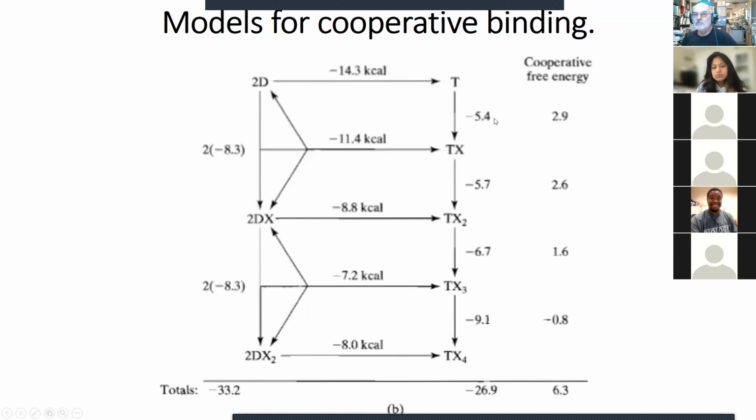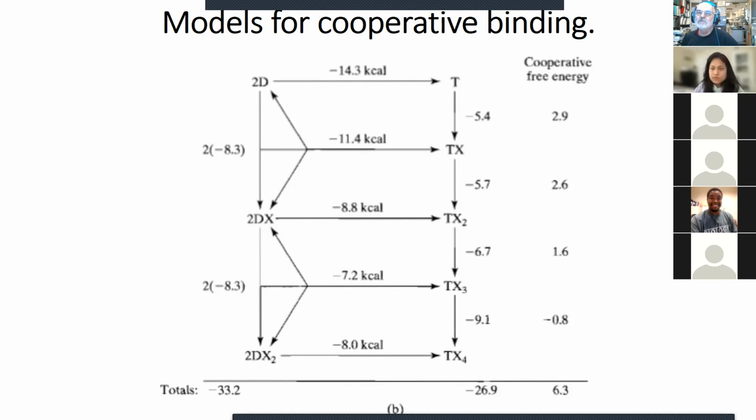Whereas in the tetramer, the affinity gets tighter and tighter and tighter. These are expressed as log units, okay? So the affinity, excuse me, these are expressed as free energies, gets tighter as you go down. This is going to take a lot more explanation.